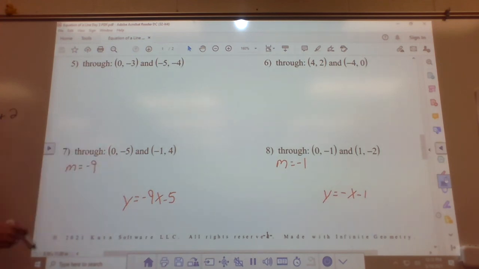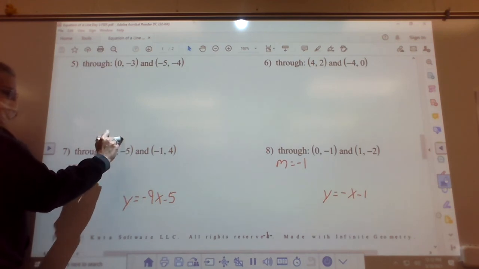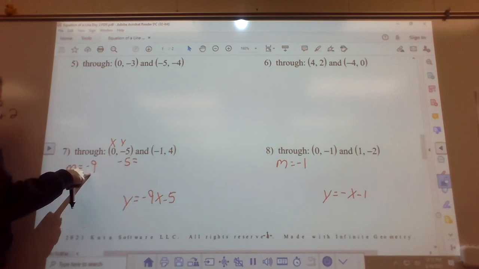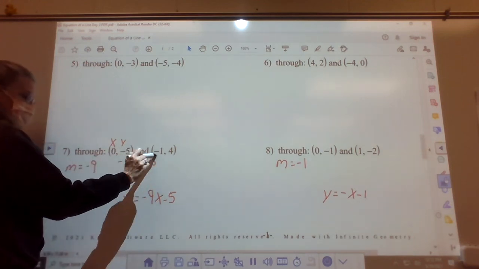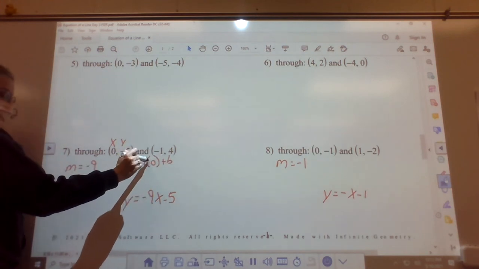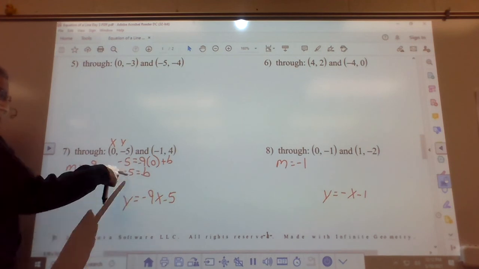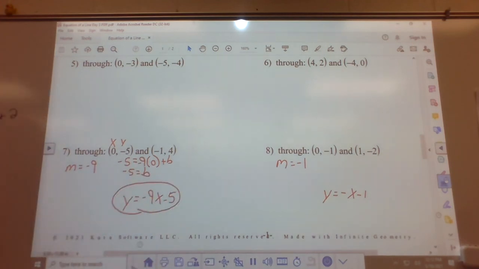But if you picked 0, negative 5, you plug it into y, which was negative 5, equals m, which is negative 9, times 0, because x was 0, plus b. Well, this is 0. So negative 5 equals b. So since negative 5 is b, you can rewrite your equation, y equals negative 9x minus 5.